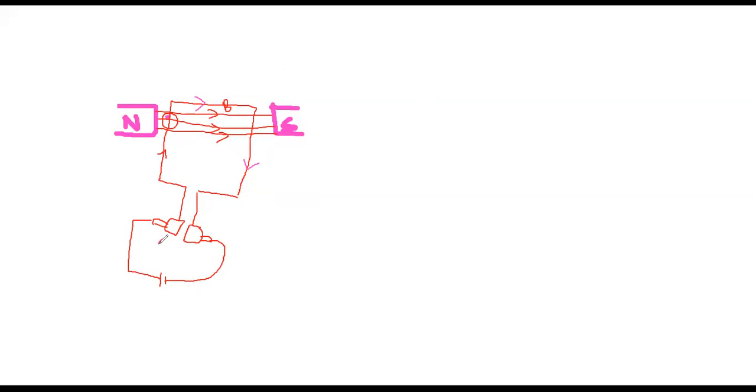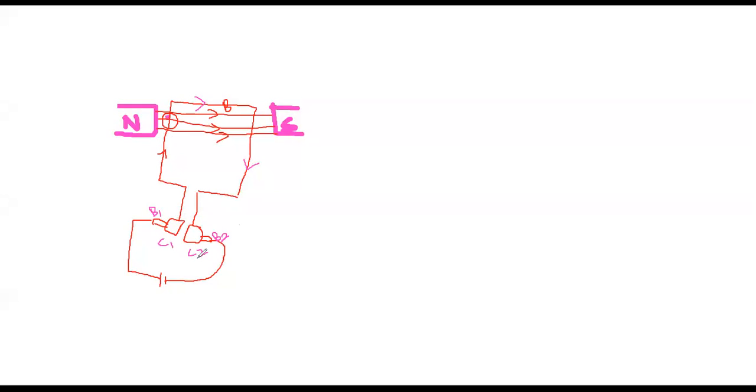Take this as commutator segment 1 and this as commutator segment 2, this one as brush 1 and this portion as brush 2. So this is the current direction.